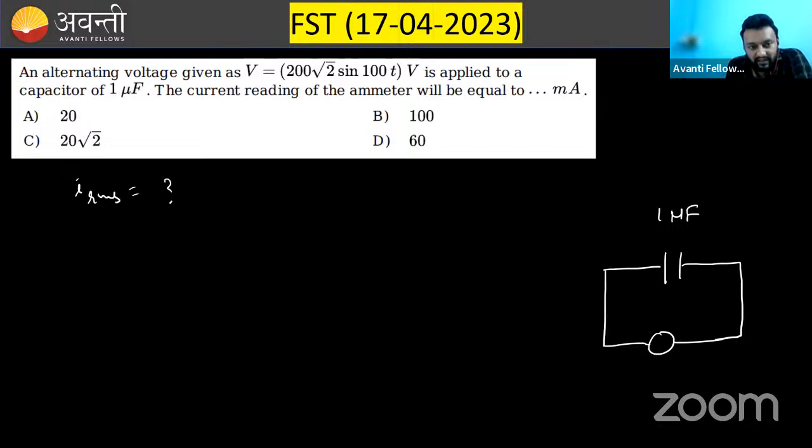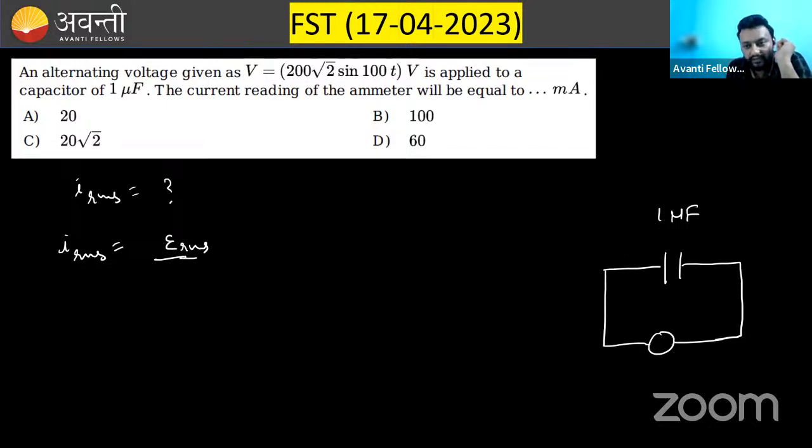So RMS current, if they are asking, the RMS current will be, Ohm's law says I is equal to E over R. I is equal to what? E over R from Ohm's law. But for EMF, we should place the RMS EMF.